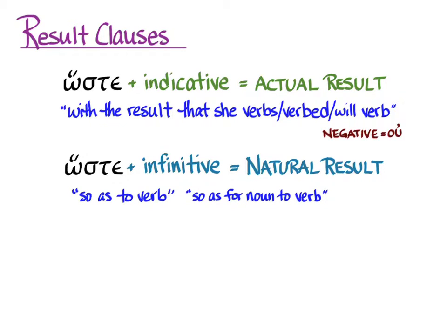Sometimes it will be clear, but sometimes we'll have to state it, and that noun will have to be in the accusative. And the clunky English "so as to verb" or "so as for a noun to verb" lets us see a little more easily that we need an accusative there to be the subject of the verb. The negative of a natural result clause, as we are used to for non-factual statements, is mē.